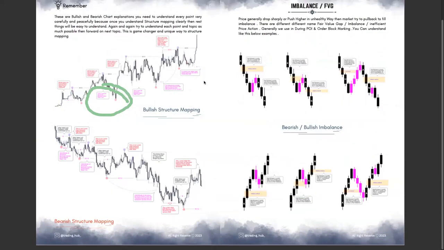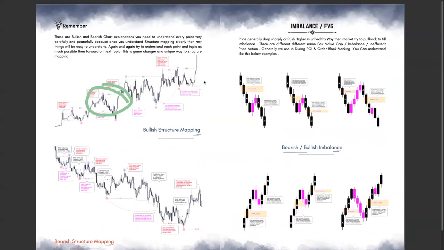Okay, now the next part is imbalance and fair value gap. Right now, this is the explanation about imbalance and fair value gap, so you can ask me here if you have any question regarding this one. This part is structure mapping, and this one is the imbalance part. If anyone has a question, you can ask me here.